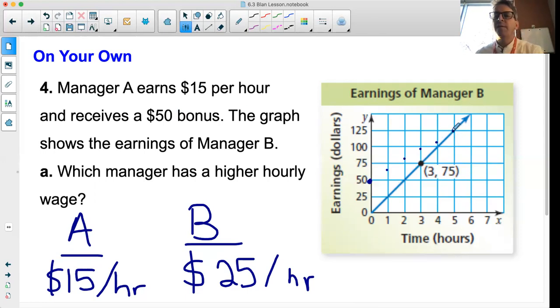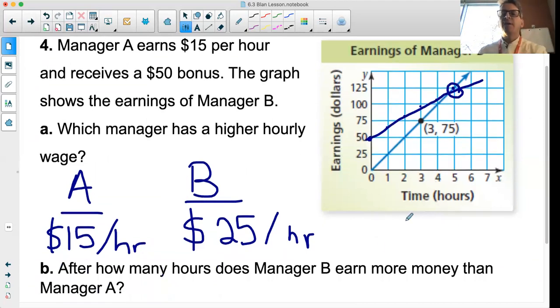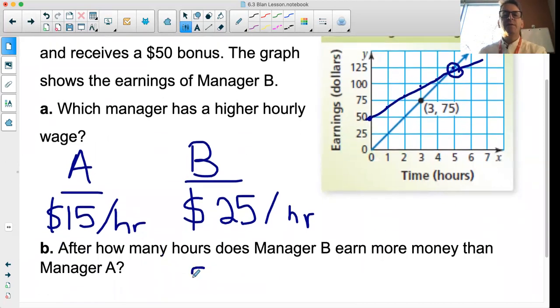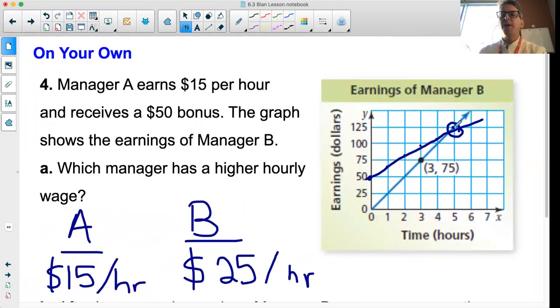As you can see, manager A's pay scale extrapolated out in a graph, after 5 hours, manager B will be making more money. You can see that manager B is making more money. It's this part of the graph.